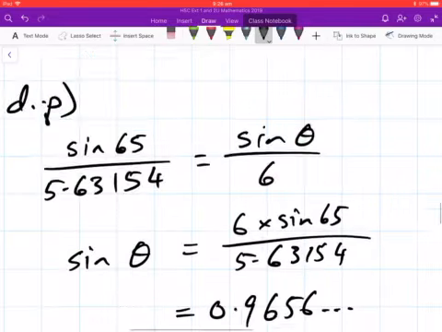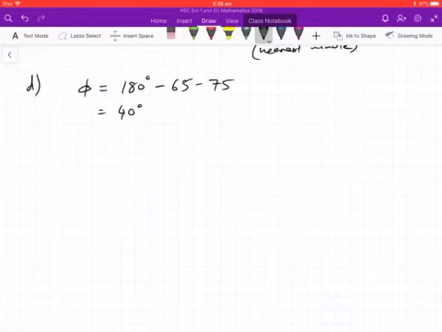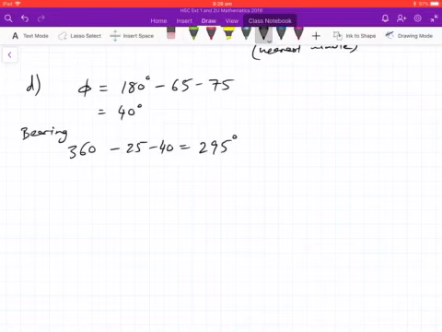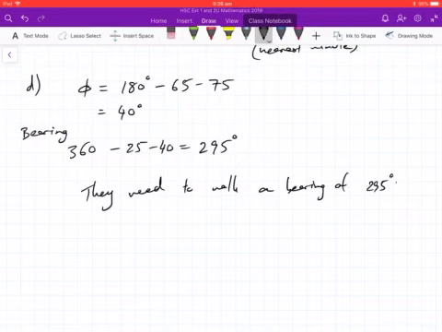So the bearing: we do 360 minus 25 minus 40, which is equal to 295 degrees. So they need to walk on a bearing of 295 degrees.